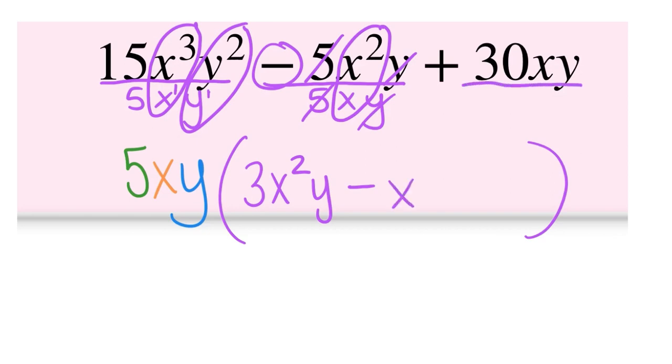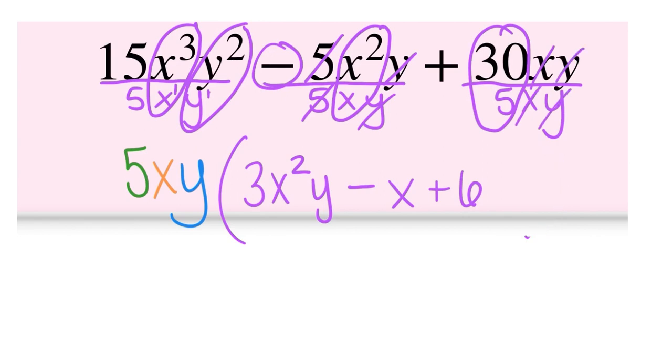Okay, and the last term we're going to divide by 5xy. 30 divided by 5 is positive 6. And then your x and your y would both cancel out. So this is actually how we would leave it. We would just leave it just like this. And again, if you wanted to, you could check your answer just by taking 5xy and distributing it to all 3 of these, and you should end up with what we started with.